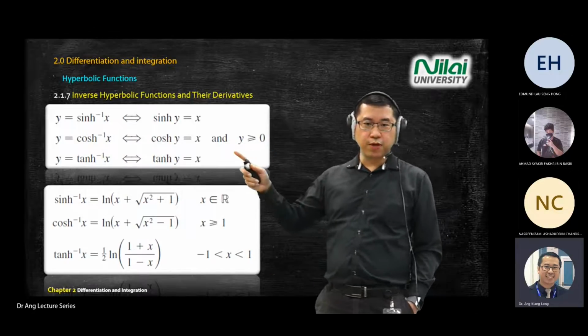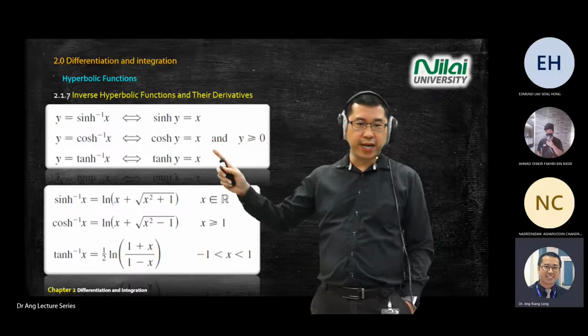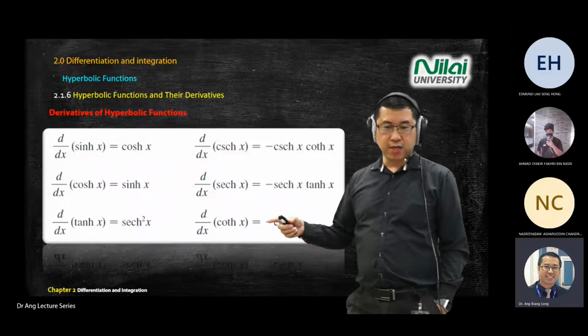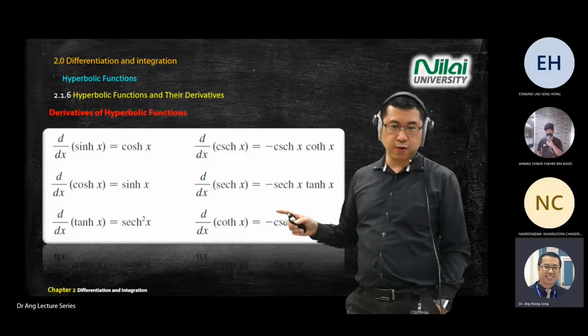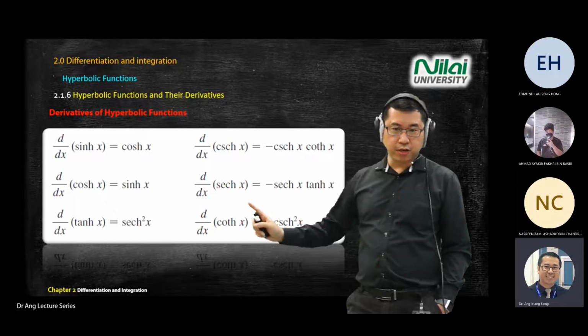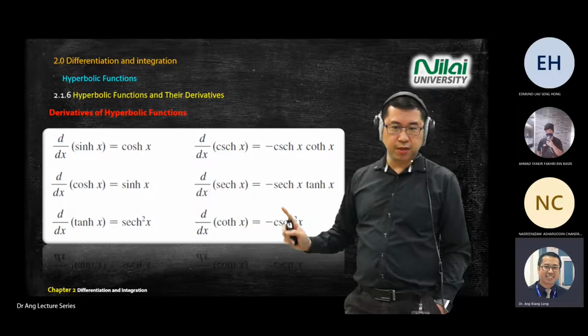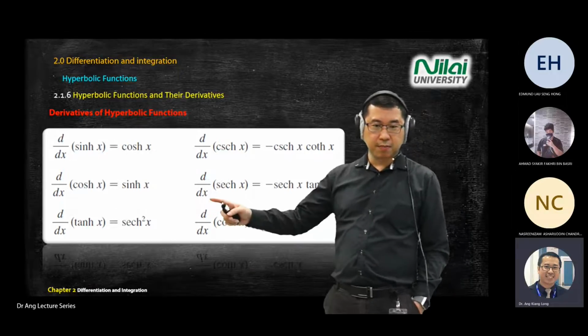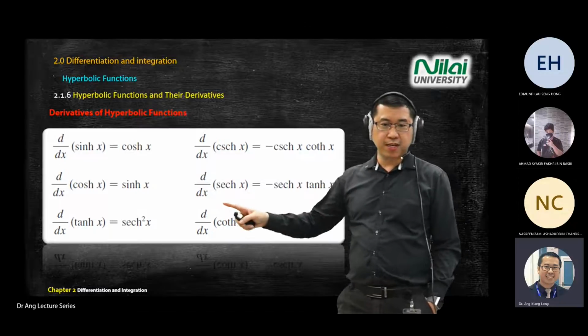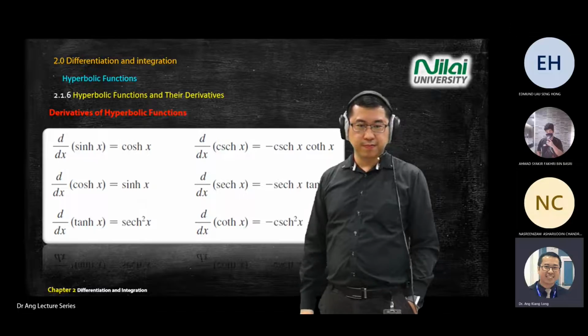This one is for when you see d over dx, then you convert from this one to this one.